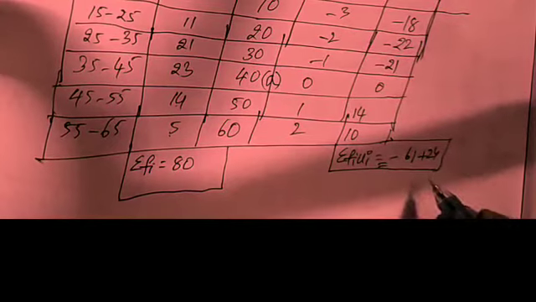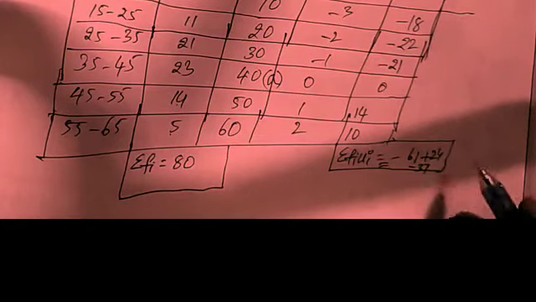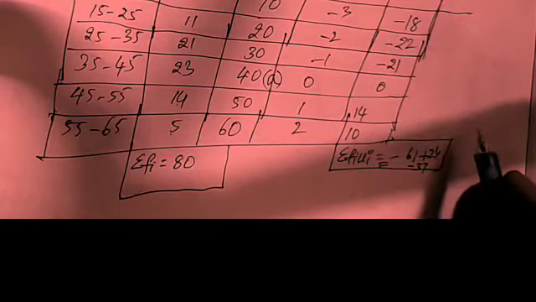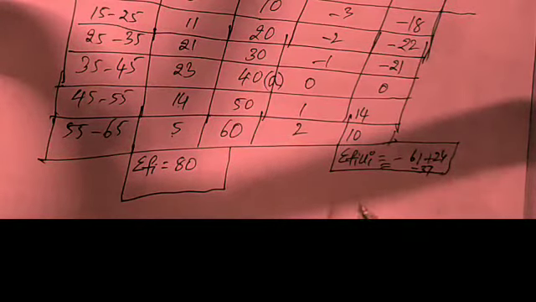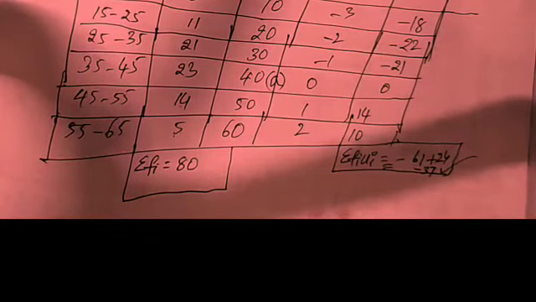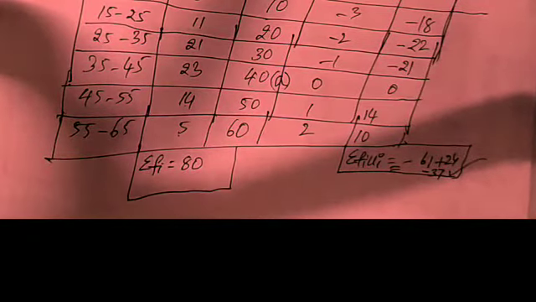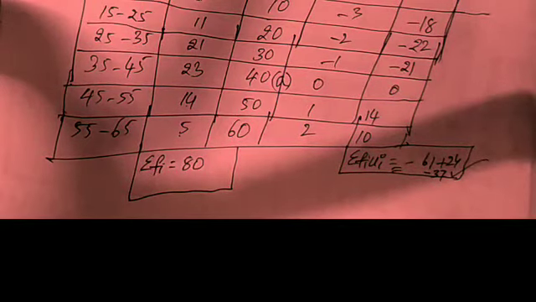So what is the value? 11 minus 4 is 7, 5 minus 2 is 3, so 37. So the sum of f_i u_i equals minus 37. Now we find the mode, then after that the mean.